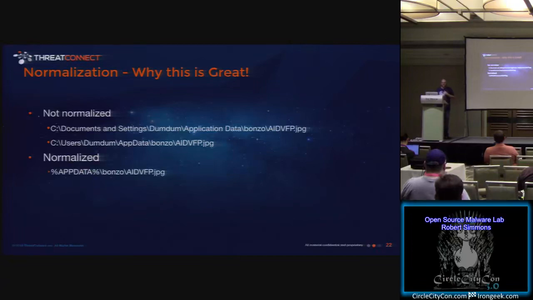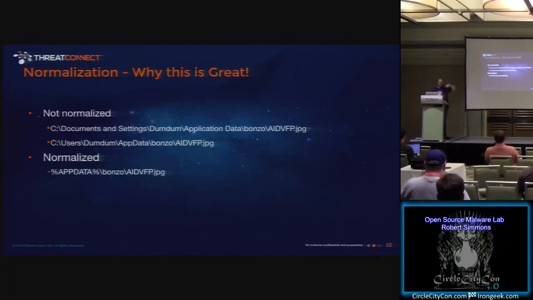And so normalization, as you can see at the top, these two JPEG files, by the way, these are not JPEGs, but malware will drop things and just call it .jpeg. But so bonzo/whatever random string.jpg, these two locations are, for all intents and purposes, the same location on different versions of Windows.